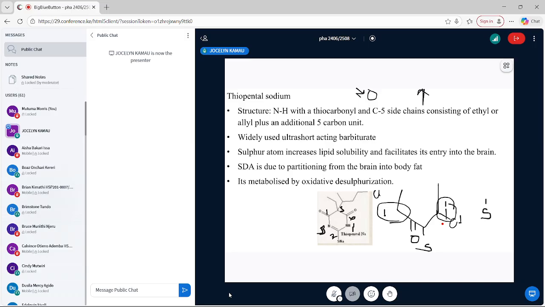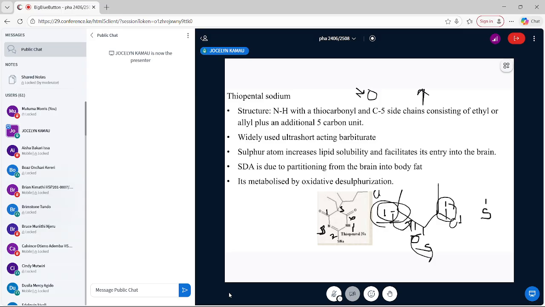must be free, because for barbiturates to have activity, they must be acidic in nature. For them to bring about CNS activity, they must be acidic in nature. The acidic nature is brought about by the availability of at least one hydrogen, because that one hydrogen allows for what we call keto-enol tautomerism. We discussed keto-enol tautomerism even when we were discussing tetracyclines.